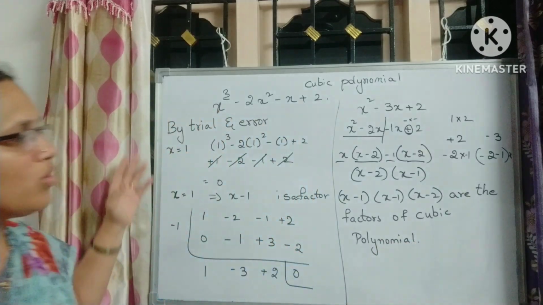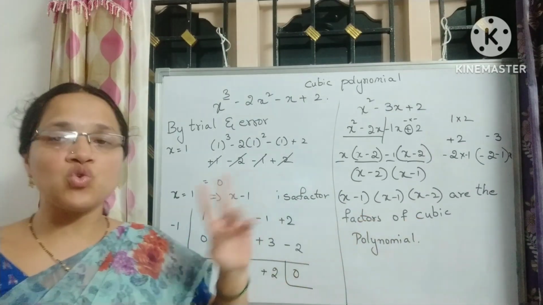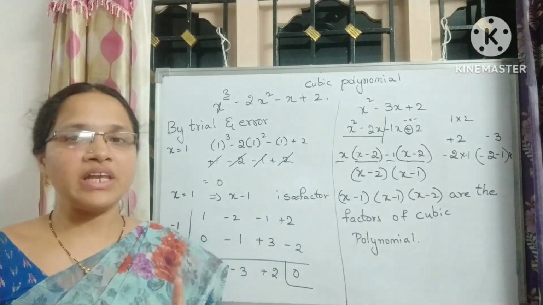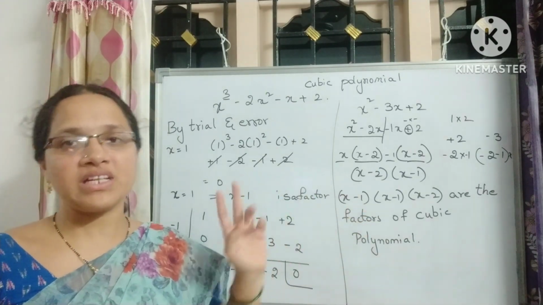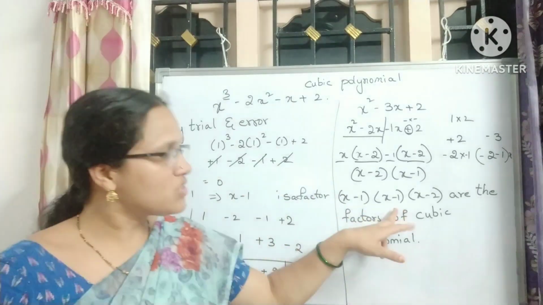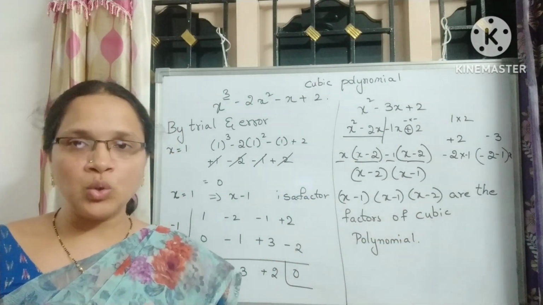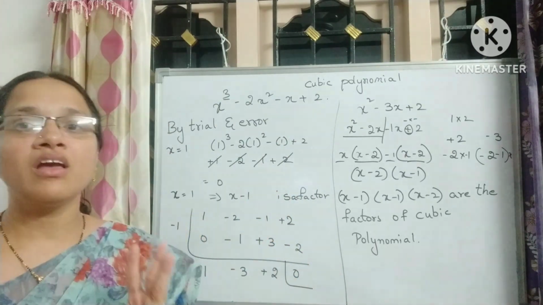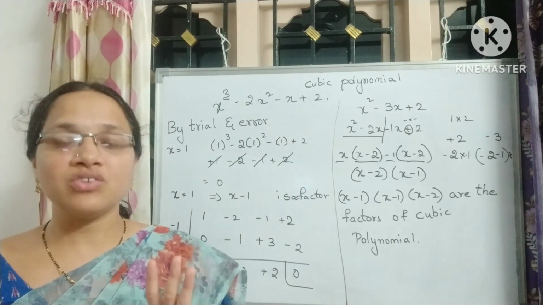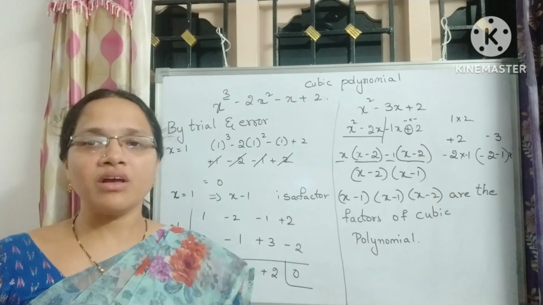So this is how you factorize and you get 3 values here. So x minus 1, that means 2 values are 1 only. x minus 1 equals 0 where x equals 1, and this one also you'll get as 1, and x minus 2 equal to 0, x equals 2. So 1, 1 and 2 are the 3 values of x for the given cubic polynomial.